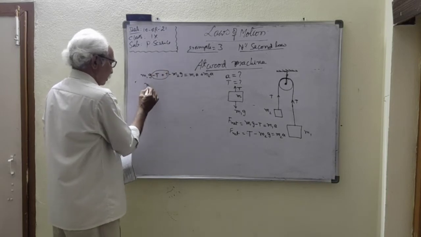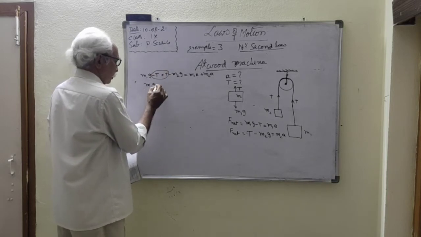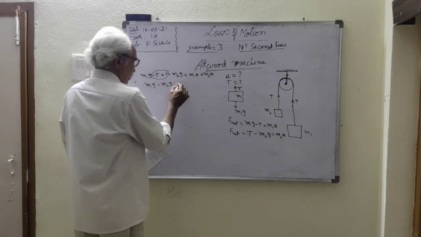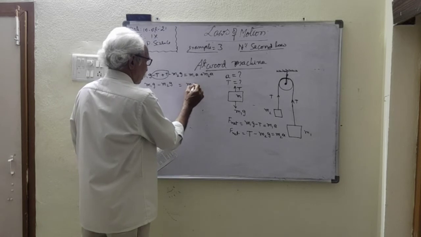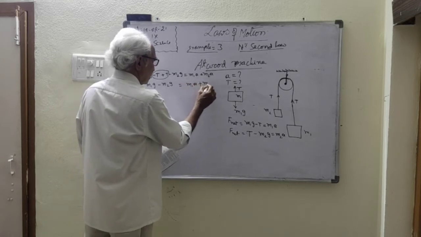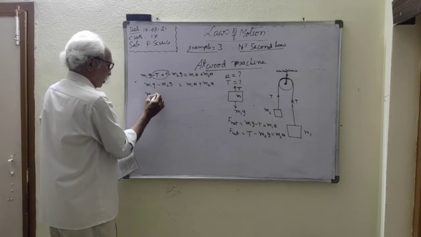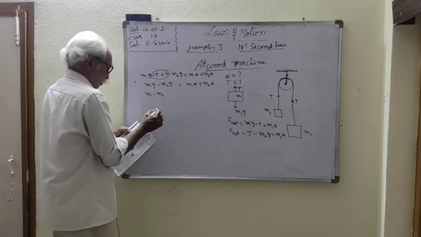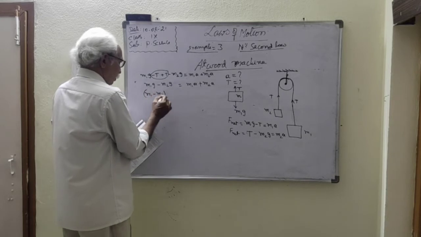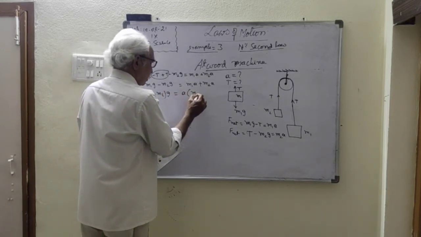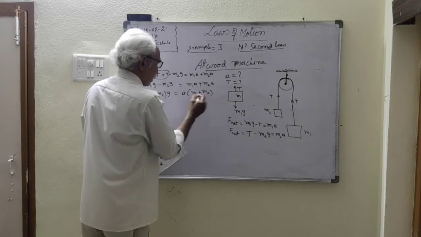Then you can write m1g minus m2g is equal to m1a plus m2a. G is common. So (m1 minus m2) into g is equal to a into (m1 plus m2).